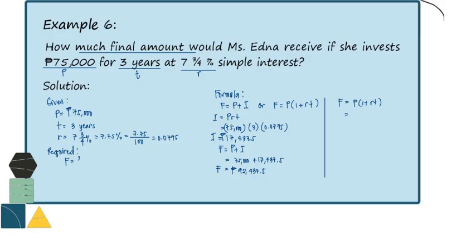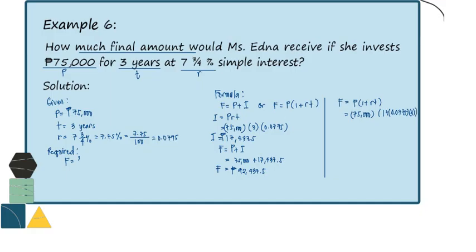P again is 75,000. Then, 1 plus your R, which is 0.0775, times T. What is your T there? T there is 3.